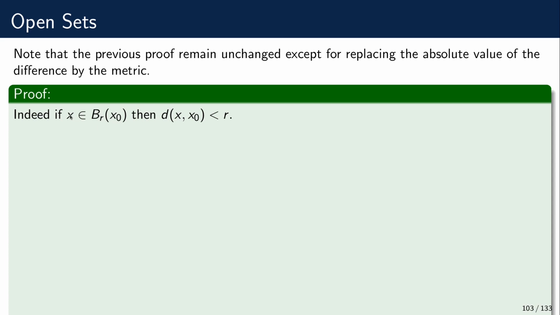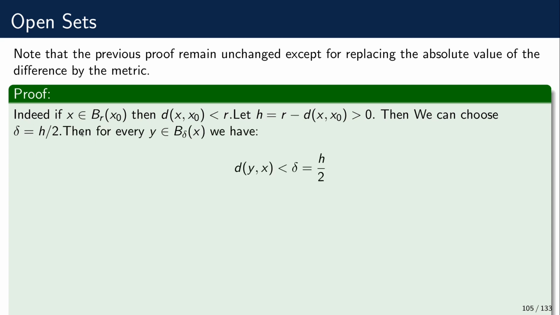This means that the distance between x and x0 is smaller than r, okay? Let us choose h to be the difference between r and this distance. By definition, since this distance is smaller than r, r minus this distance is some positive number h, okay? And now let us choose delta to be h over 2.